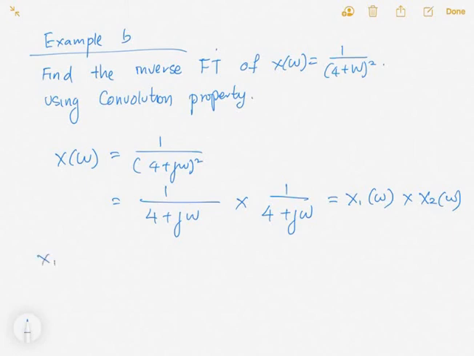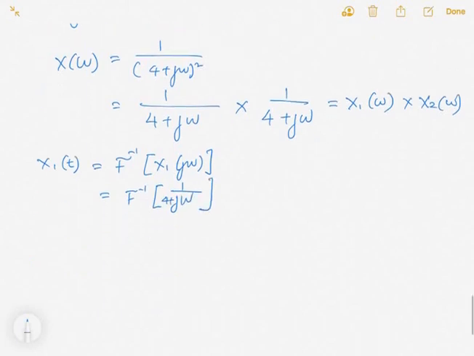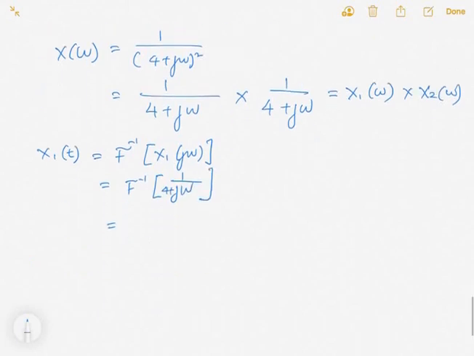Okay, as you know, x1(t) is the inverse Fourier transform of X1(j omega). So the inverse of 1 over 4 plus j omega, you get exponent negative 4t u(t), right?